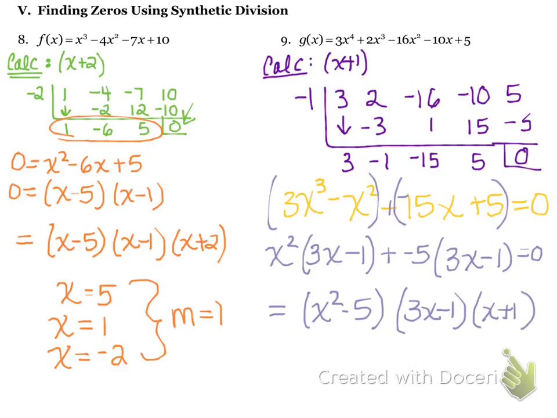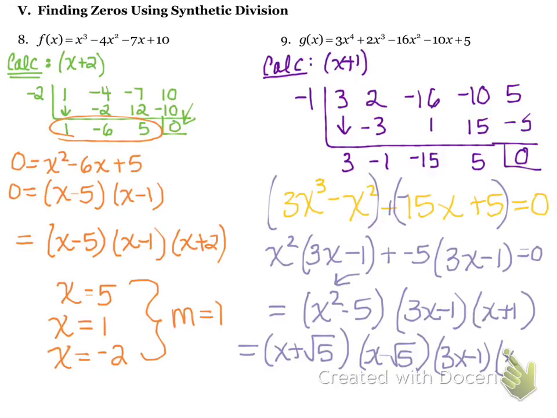Well, what does this mean? The linear factorization of this, meaning we can't have this quadratic here, is if we set that equal to 0, I would add 5 and take the square root. So I would have x plus root 5, x minus root 5, 3x minus 1, and x plus 1.